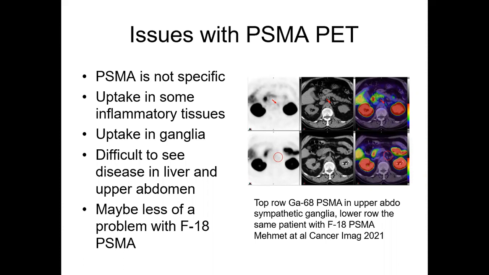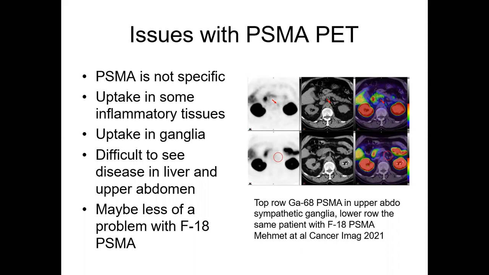Now, this is a paper recently published which suggests that the fluorinated agent is less of an issue in ganglia than gallium-68. So here you've got the same patient imaged with both agents, and the top one where the arrow is pointed is a little ganglion, and that has uptake of the gallium PSMA, but you don't see it so much in the fluorinated one.